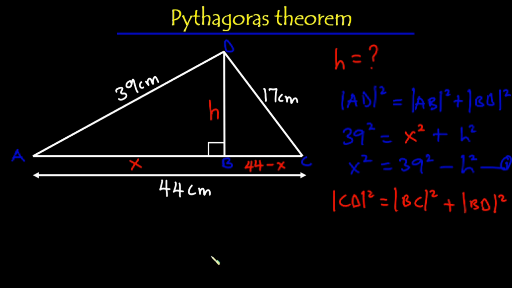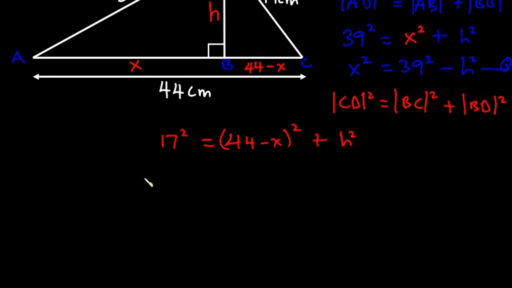The length of CD is 17, so we're going to have 17 squared is equal to BC, which is 44 minus x, so we have 44 minus x all squared plus BD, which is h, so we're going to have h squared.